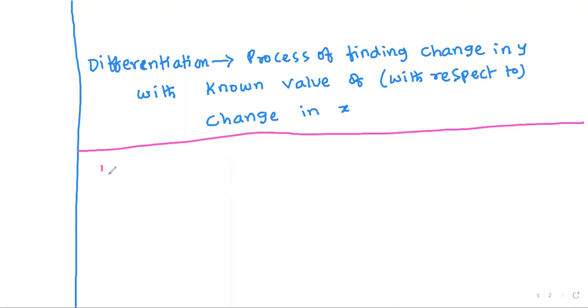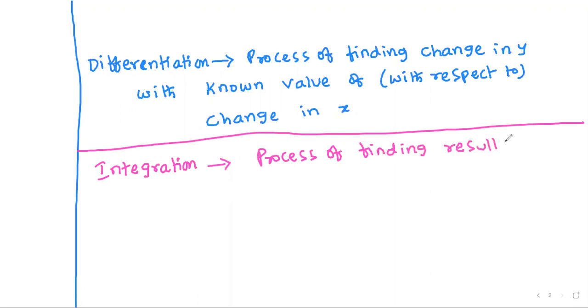Next, below that, write down integration. Integration is the process of finding the resultant value with the help of individual values.